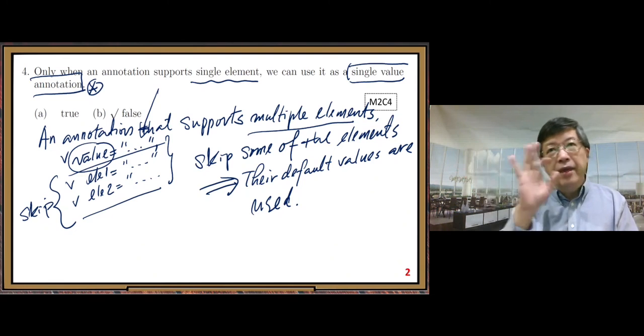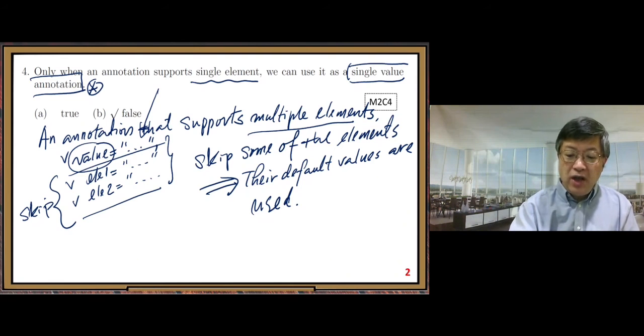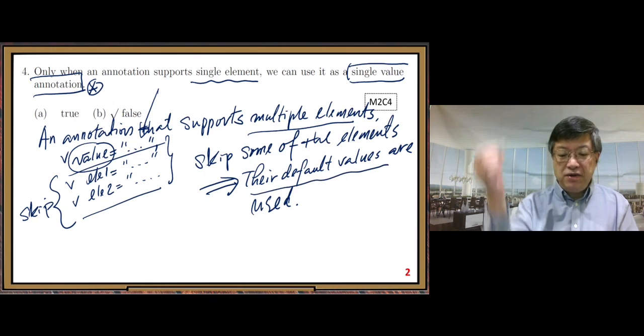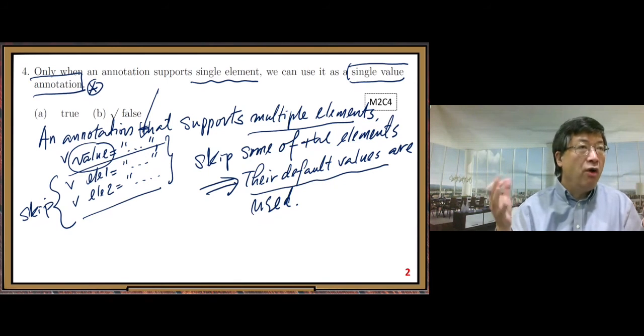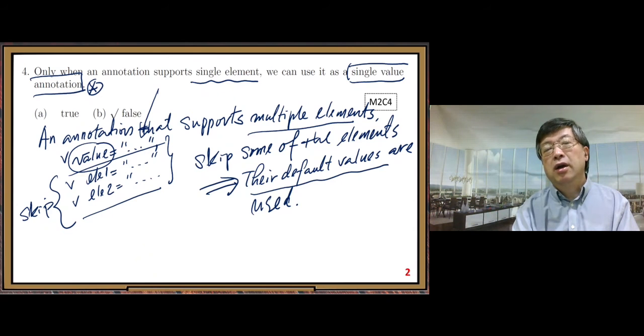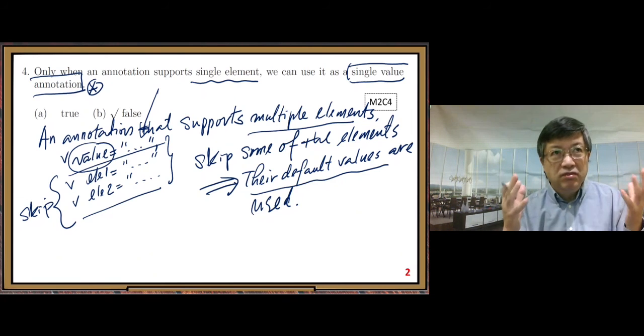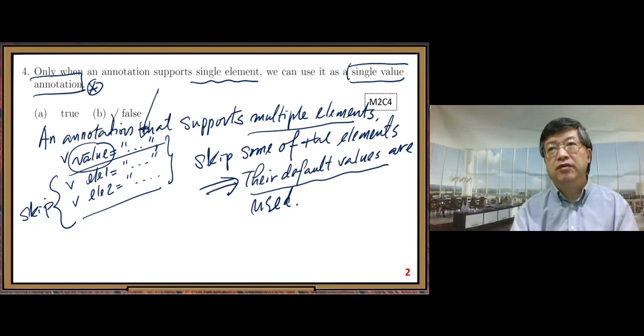All the remaining other elements just take their default values. Then all the pieces of information can be resolved for your annotation. So that's the detailed understanding for this question.